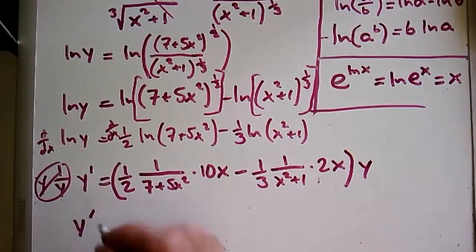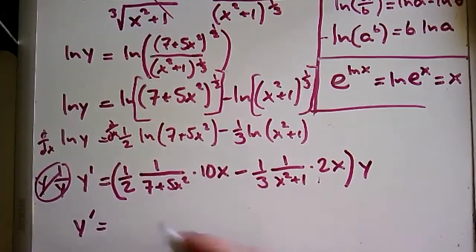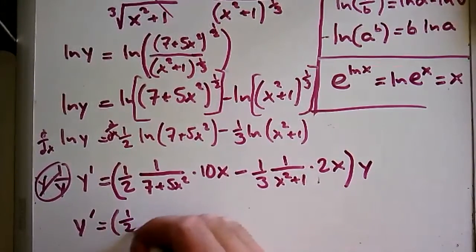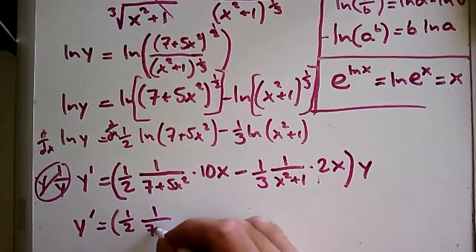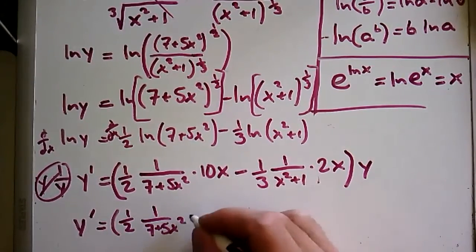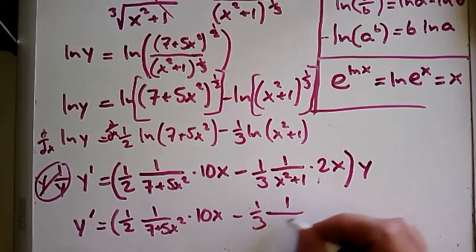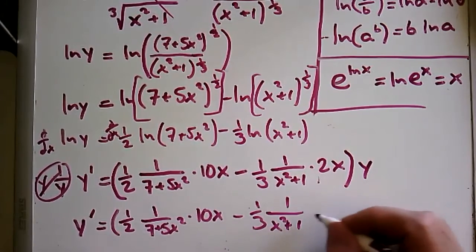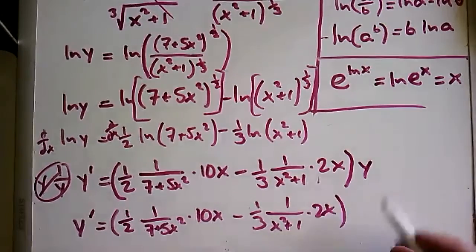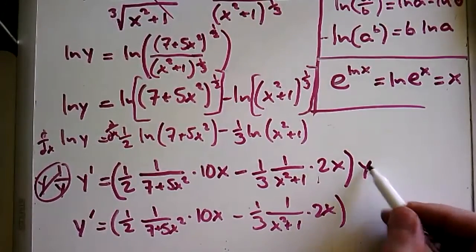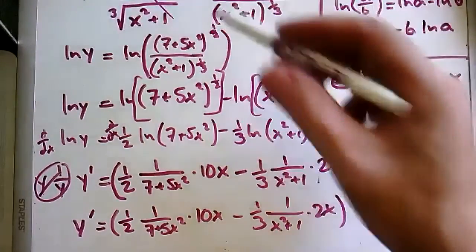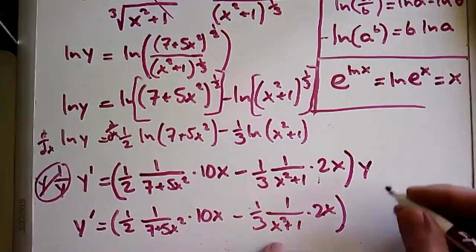So y prime equals this fantastic expression here: 1/2 times 1 over 7 plus 5x squared times 10x, minus 1/3 times 1 over x squared plus 1 times 2x. So last step, instead of writing this as the variable y, I'm going to go back to the beginning and take my expression for y and use that instead.